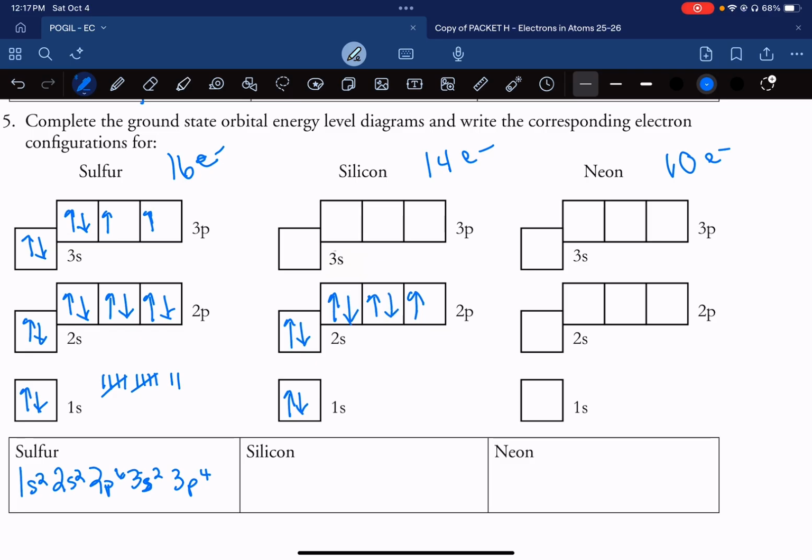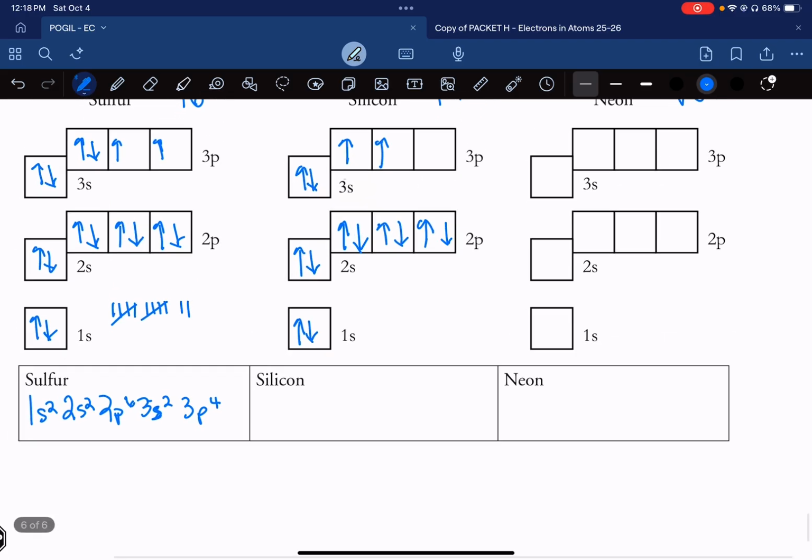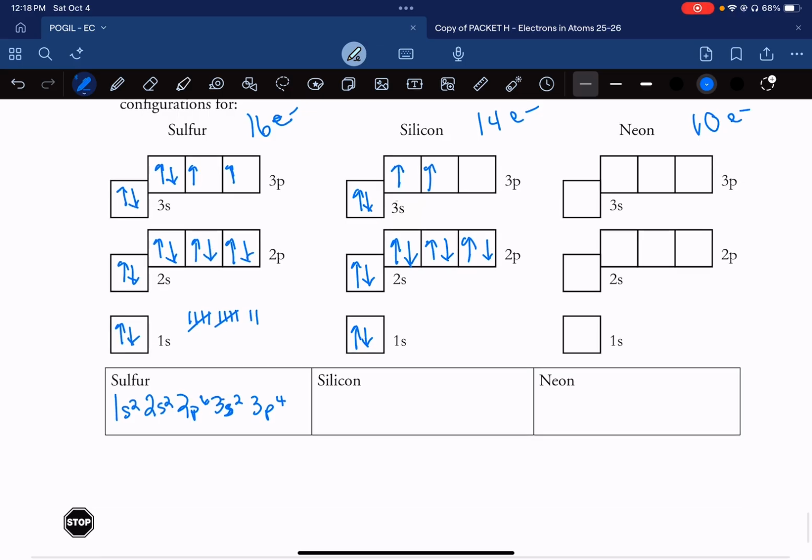I guess you could say it's very difficult to show a spin up and a spin down, maybe by having one electron and then the other electron filling up your bunk bed.